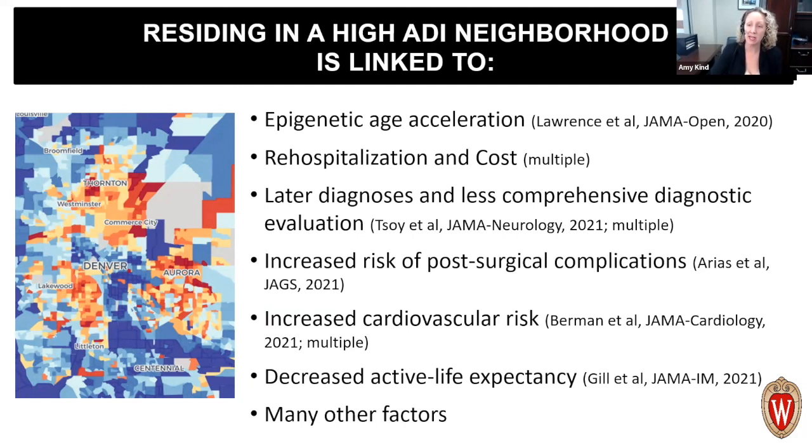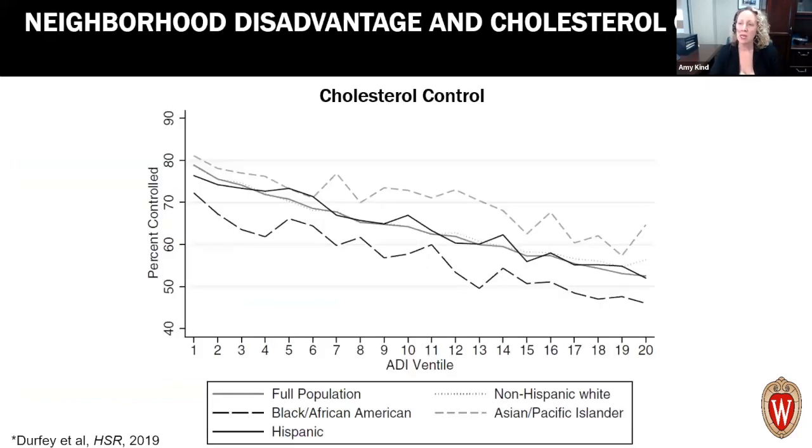And in those last years of life, individuals who live in high ADI contexts tend to have more disability and many, many other factors. This is an example of how we can also look at multiple intersectional characteristics in our disparities research using the ADI and other individual level factors.